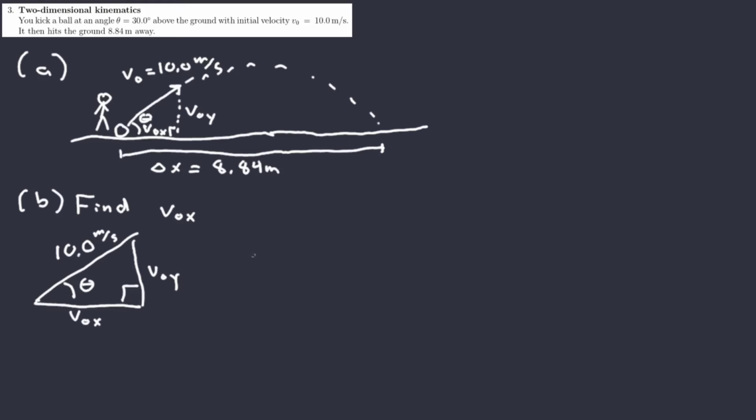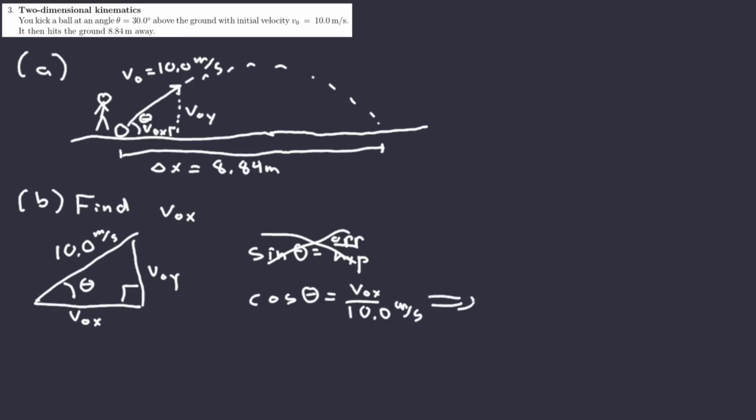Now if we look at our trigonometry identities, the sine of theta is equal to opposite over hypotenuse, so that would give us v0y. That's not what we want here. But the cosine of theta would give adjacent over hypotenuse, or v0x over 10.0 meters per second.